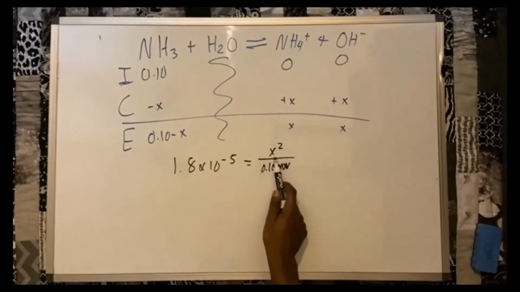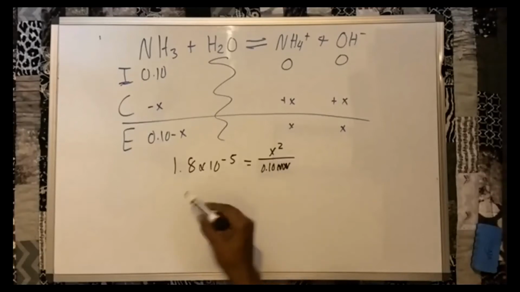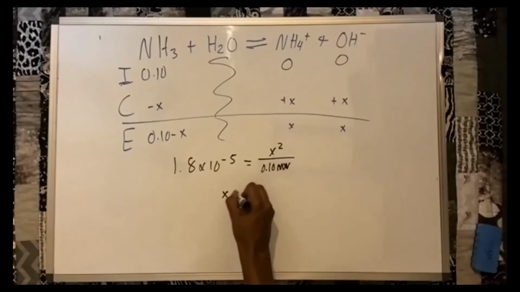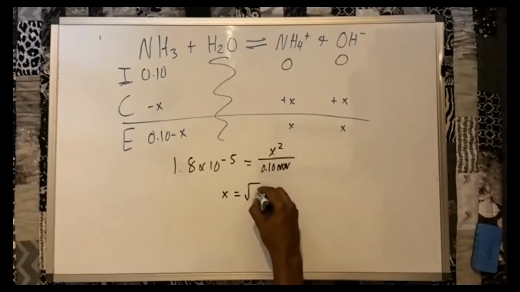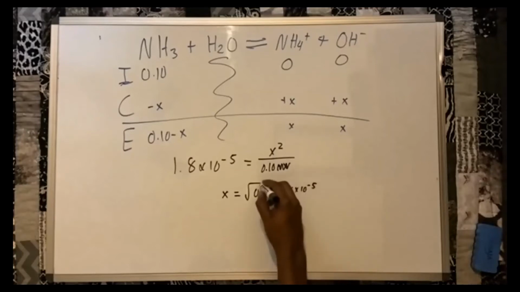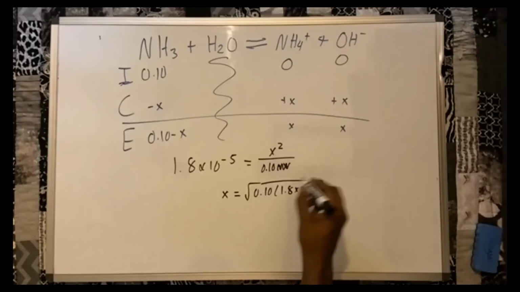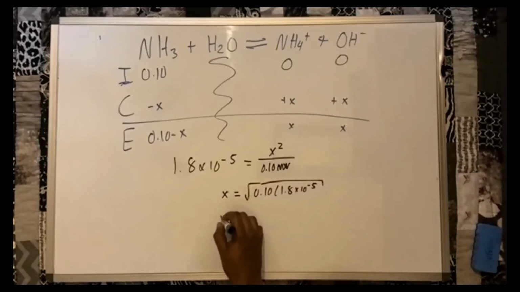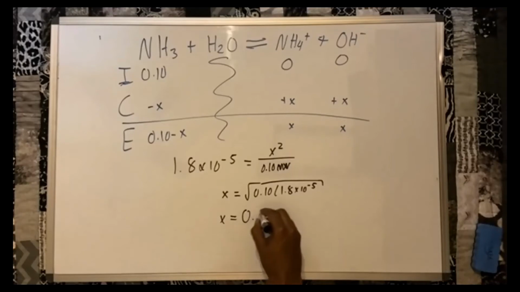So x equals the square root of 0.10 times 1.8 times 10 to the negative fifth. So you got x is 0.00134.